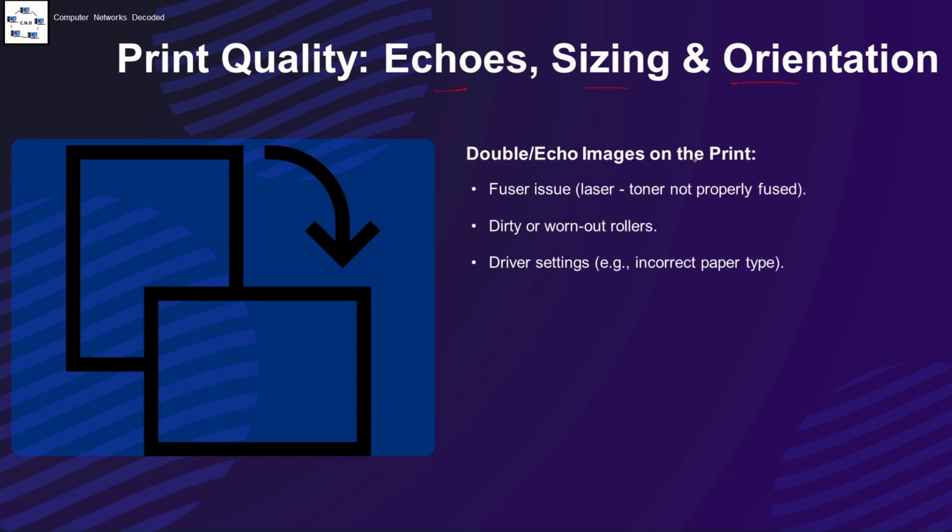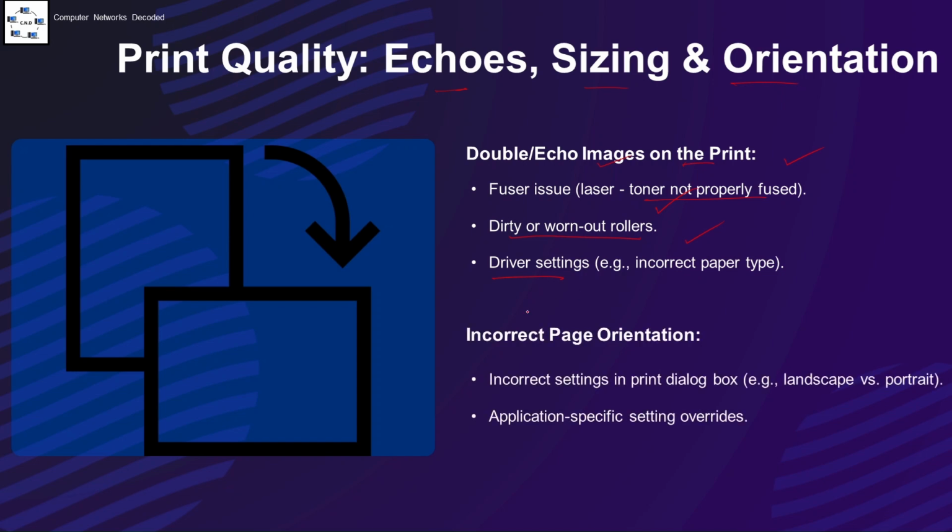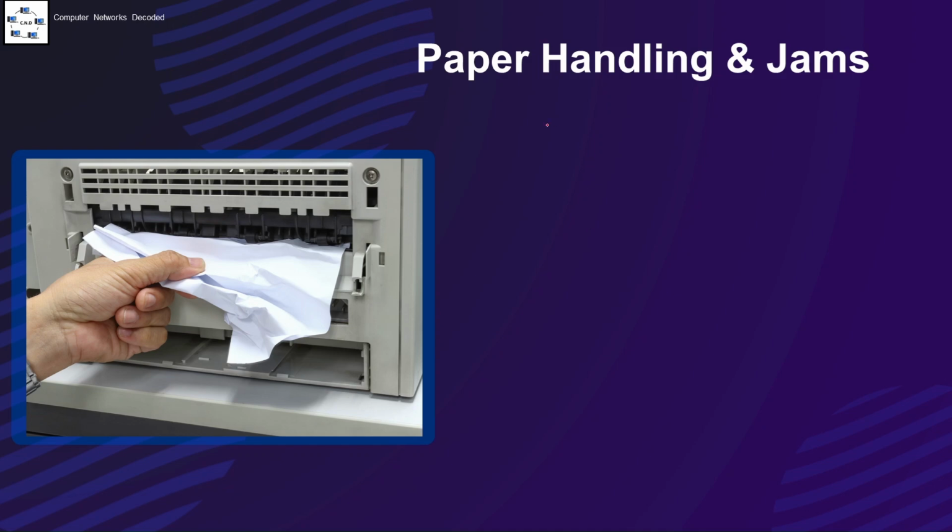Double or echo images on the print may be due to a fuser issue in laser, toner not properly fused, dirty or worn out rollers, driver settings such as incorrect paper type, incorrect page orientation, that is incorrect setting in the print dialog box, for example, landscape versus portrait, or application specific setting overrides.